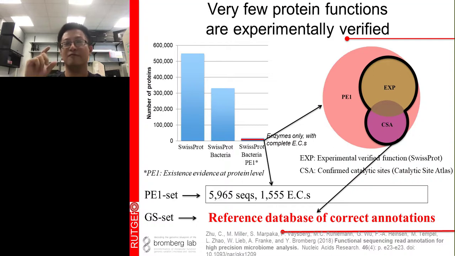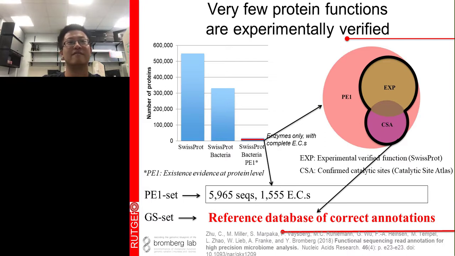Among all of those, how many proteins have we actually generated and seen in the lab? There are fewer than 6,000 proteins that we have seen in the lab. That is the existence evidence at the protein level. So out of around 500,000 manually curated proteins, for only 6,000 have we actually seen the protein. For the other ones, we only know the sequence. We have never seen the protein itself.